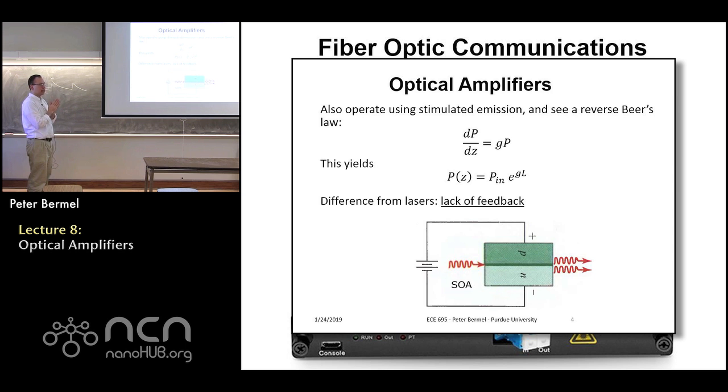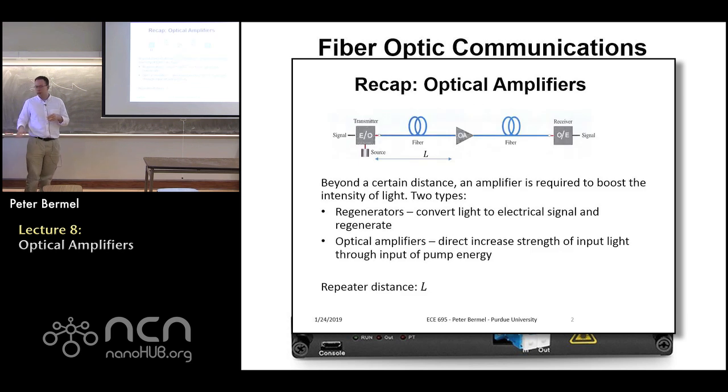Yeah, it's repeating the whole signal, exactly. So that's why in this context, I only showed one here, but it could actually be many of these things if you have a long enough distance. And so it's all determined by this length L, basically. How far can you degrade the power before it becomes hard to detect and you get really bad signal to noise ratio?